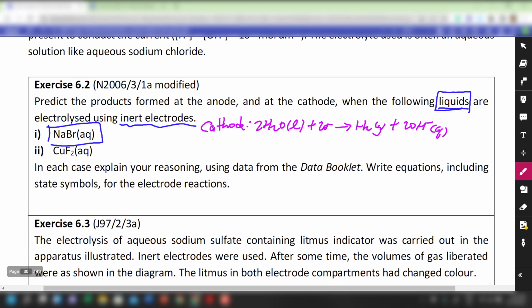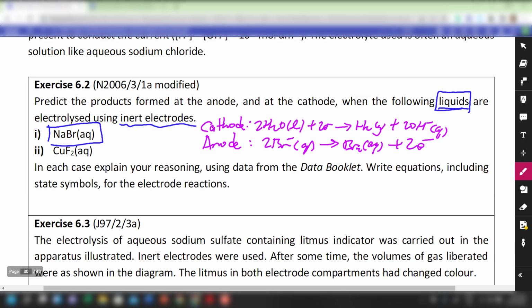So please write it down on your own, write the reduction potential value next to it, and then conclude that because the bromine-bromide reduction potential is less positive than that of oxygen-water, bromide is preferentially oxidized at the anode. Therefore, at the anode, I expect bromide to be oxidized to give us bromine aqueous plus 2 electrons.